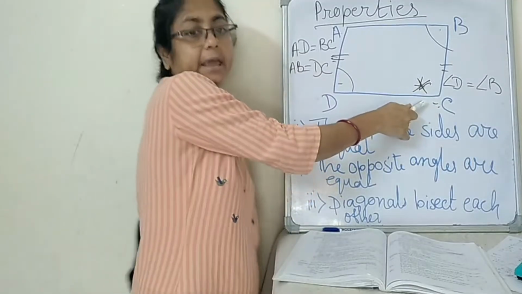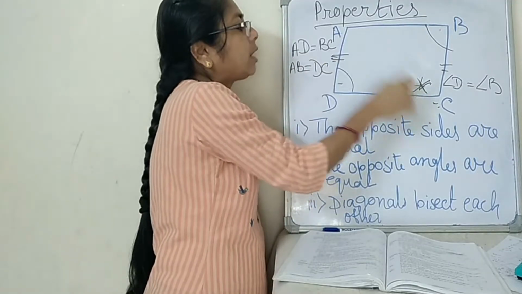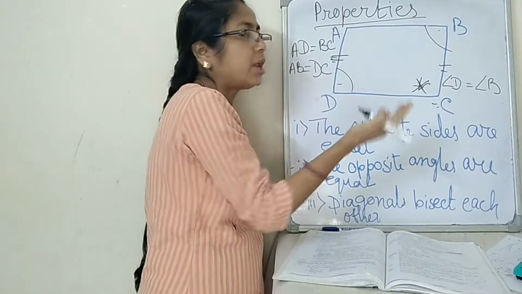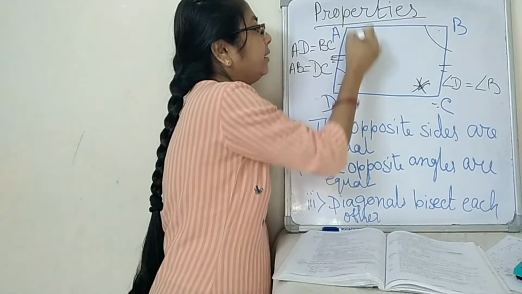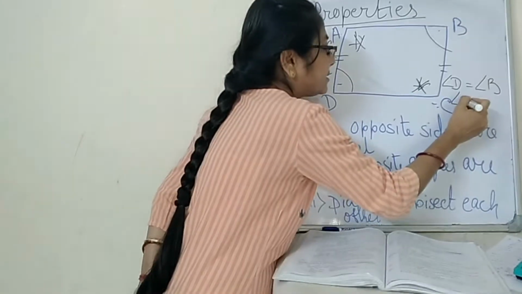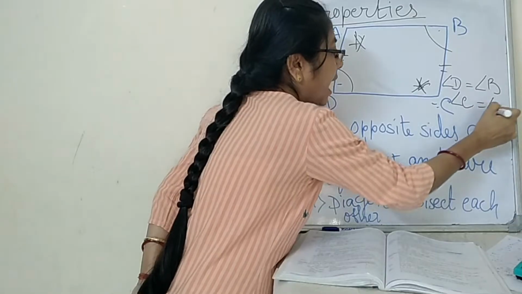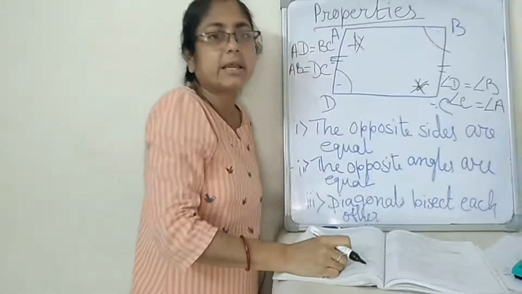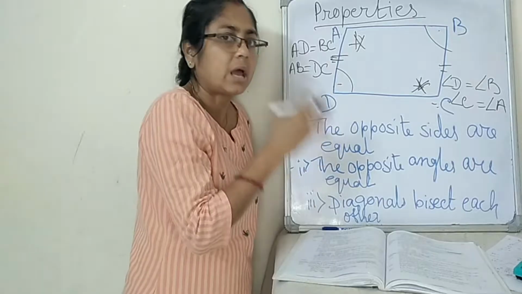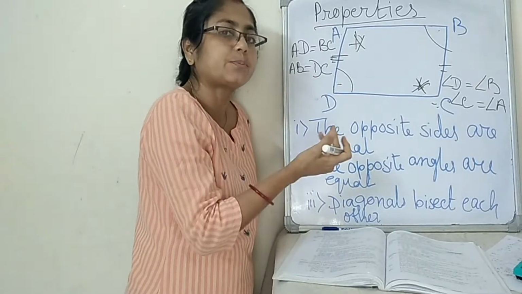This is angle C. Which is the opposite of angle C? It is angle A. So angle C equal to angle A. Is it clear? Those are the first two points. Have any questions? Can I go to the next point?